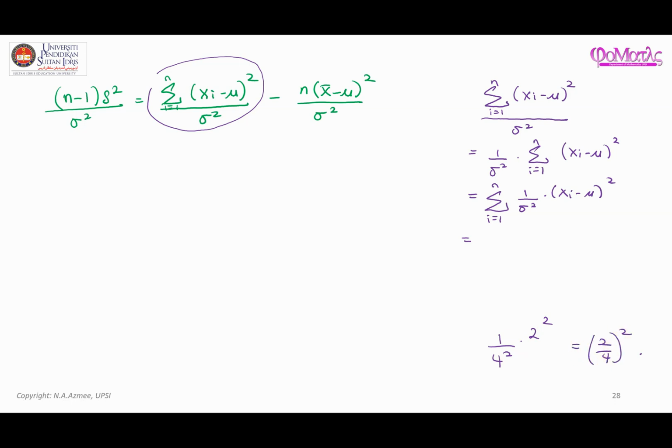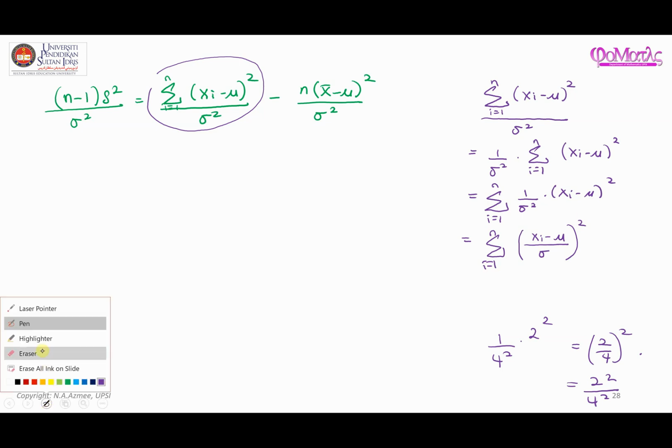It is the same thing, because when you expand it, you will get 2 squared over 4 squared. Yes, so that's what we're going to do for this one here. I can write it in terms of xi minus mu over sigma, and I square it. It is the same thing. Okay, so that's the explanation related to this part.